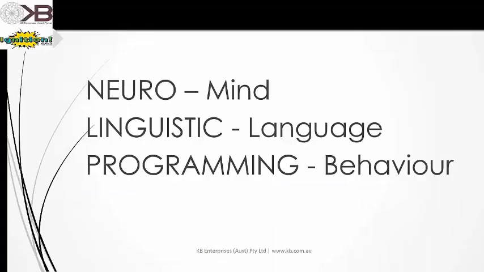So let's start first of all unpacking what Neuro Linguistic Programming is all about. The first component is neuro, which is equal to mind, and so it is about how we organise our mental life, our thinking. It's a bit like a big computer processor.